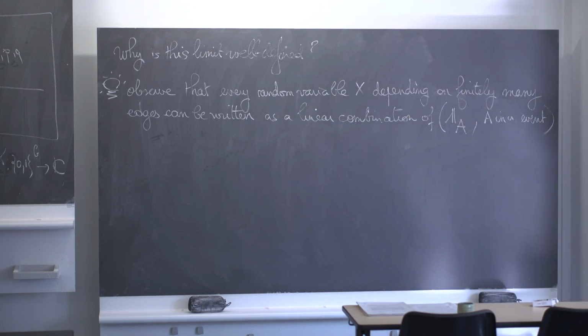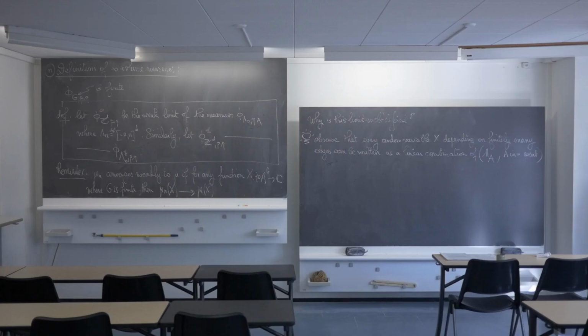So if I can prove the convergence for any indicator of an increasing event, then I will have convergence for any random variable depending on finitely many edges.